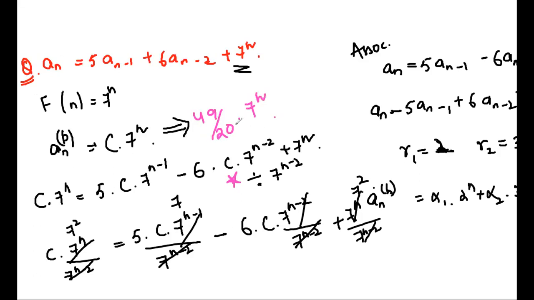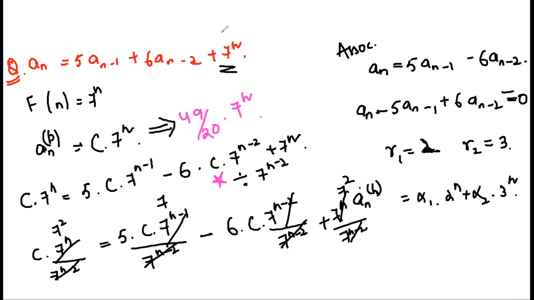This is the particular solution. Let me just write it. Particular solution an of p, and this was our homogeneous solution.